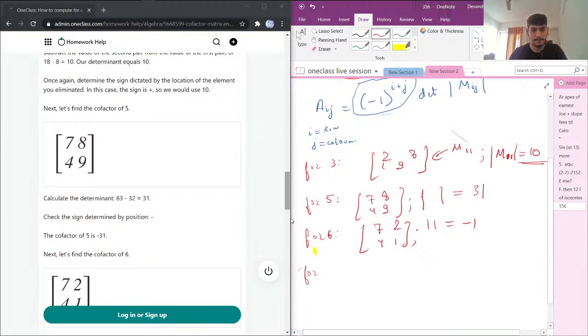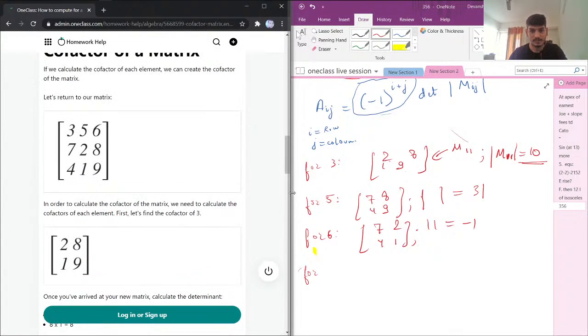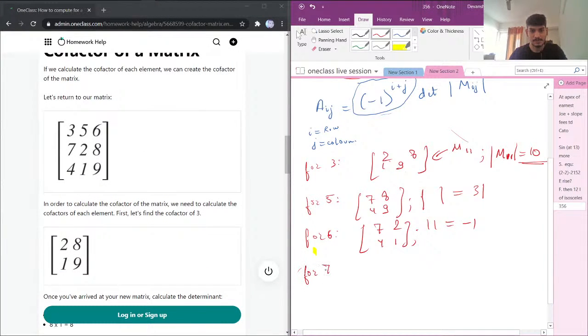For 7, the minor is 5, 6, 1, 9. The determinant will be 5 times 9, 45, minus 6, which is 39.